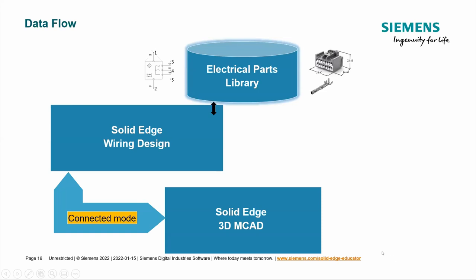We can generate a PDF output of the wiring design. We know it's correct. We know the wire lengths, and he can look at that on his iPad or anything else, or he could print it out. And we know it's accurate because it's automatically generated from the schematic itself. That's why this is so important.